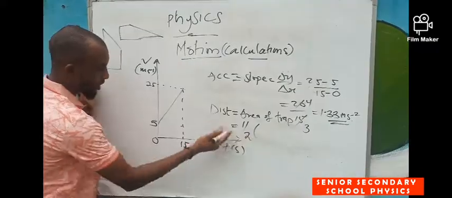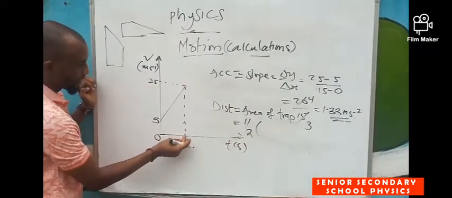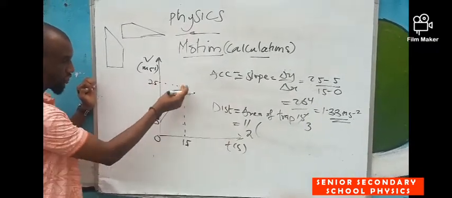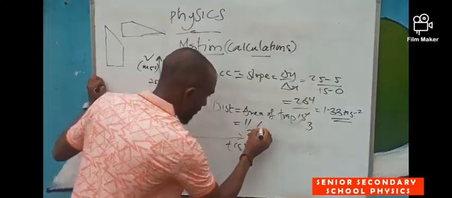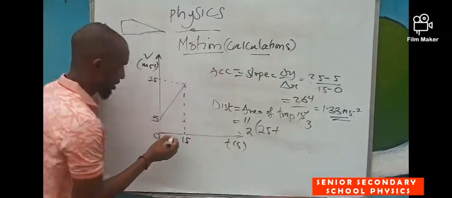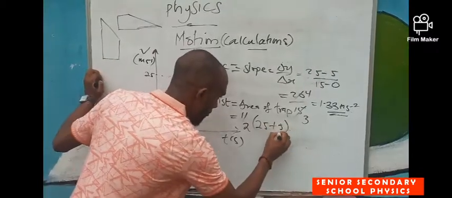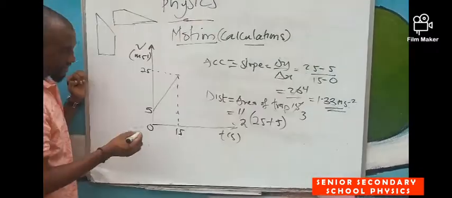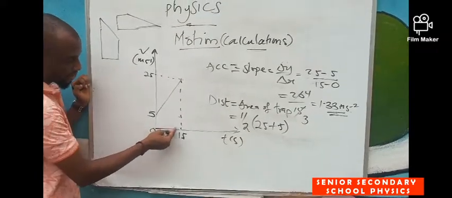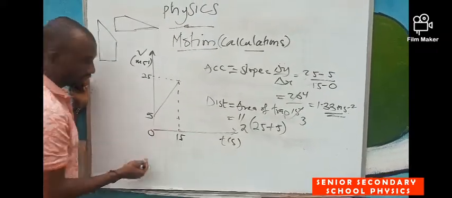So from the graph, this is a trapezium, and the area is half, from here to here is 25, plus the opposite side from here to here, which is 5, multiplied by the height. The height is from here to here, which is 15.